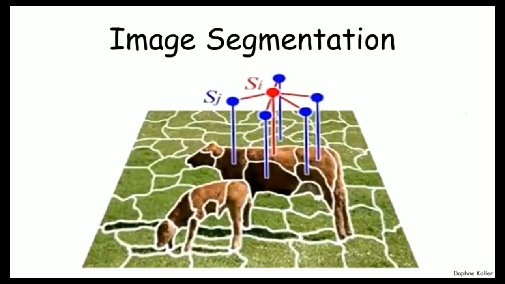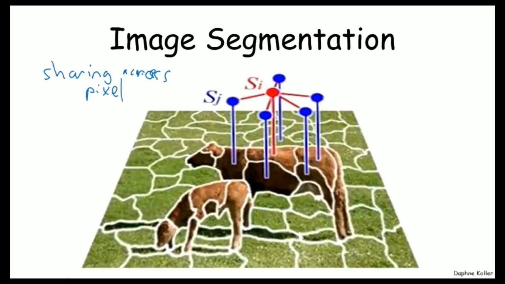We've already seen, similarly, the example of image segmentation. Clearly, we don't want to have a separate model for every superpixel within the image. There are hundreds of superpixels, so we have sharing across superpixels or pixels.